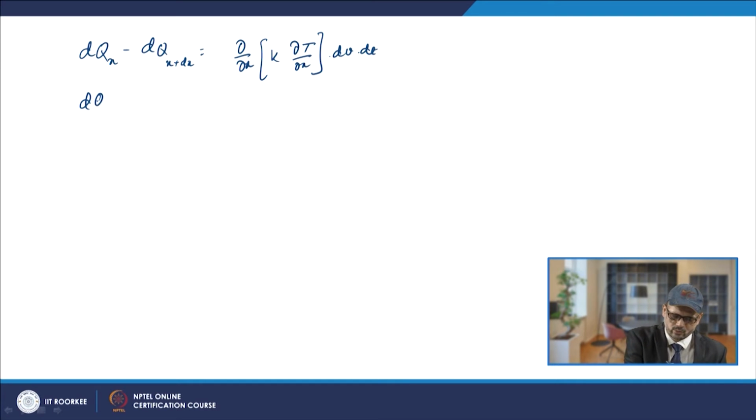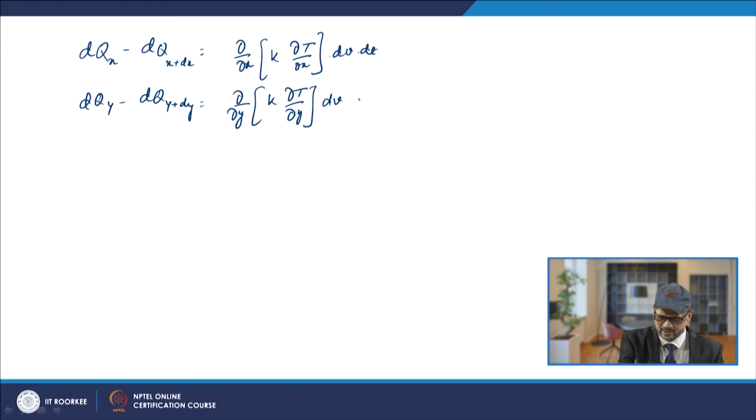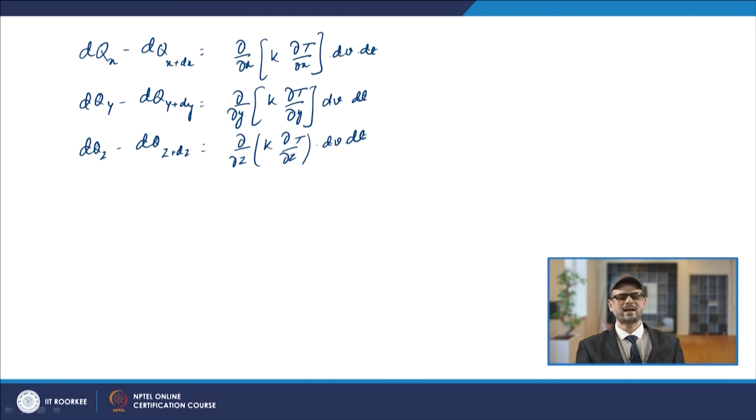Similarly dqy minus dqy plus dy is dou by dou y of k dou T by dou y dV dt, and dqz minus dqz plus dz is dou by dou z of k dou T by dou z dV dt. That way you get the three expressions.